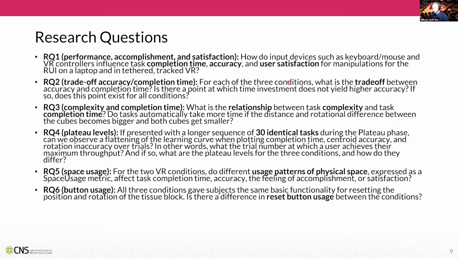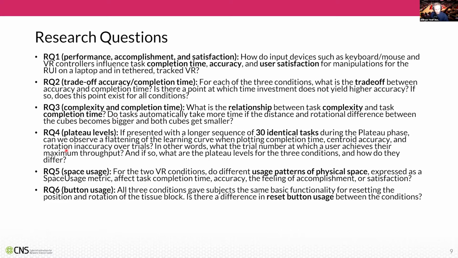For each of these three conditions that we are testing, what is the trade-off between these two performance metrics? Is there a point at which time investment does not yield a higher accuracy? Research question number three is about the relationship between the task complexity and the task completion time. Do tasks, as they get more complex, automatically take more time?